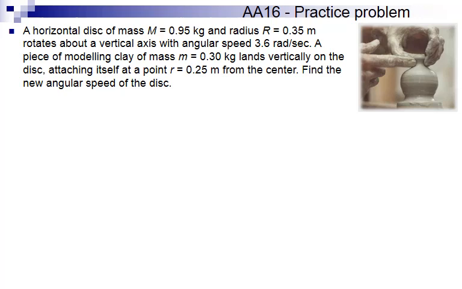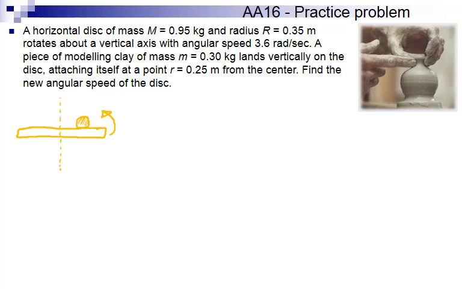All right, so let's say we have a disk, and it's rotating about a vertical axis with an angular speed, and let's say that we have a piece of clay that lands vertically on the disk, and it attaches 0.25 meters from the center. We want to find the new angular speed of the disk. So in this case, it's spinning, and essentially what happens is we have this mass fall on it.